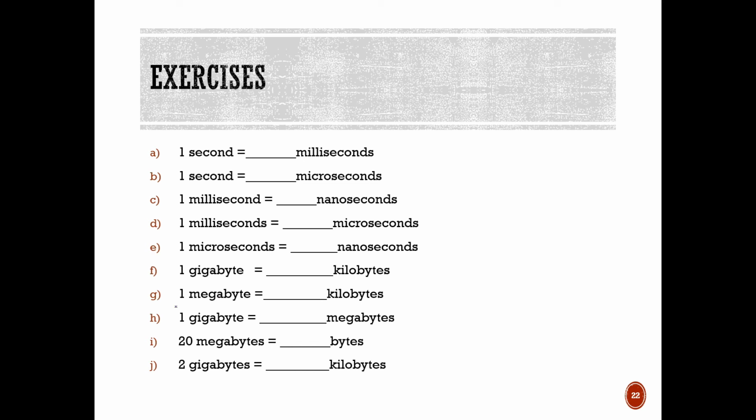Now we move into gigabytes and megabytes. Same exact thing. Nothing new here. Just practice for you guys. 1 gigabyte. How many bytes in a gigabyte? 10 to the 9 bytes. How many bytes in a megabyte? 10 to the 6 bytes. And 1 megabyte. There you go.